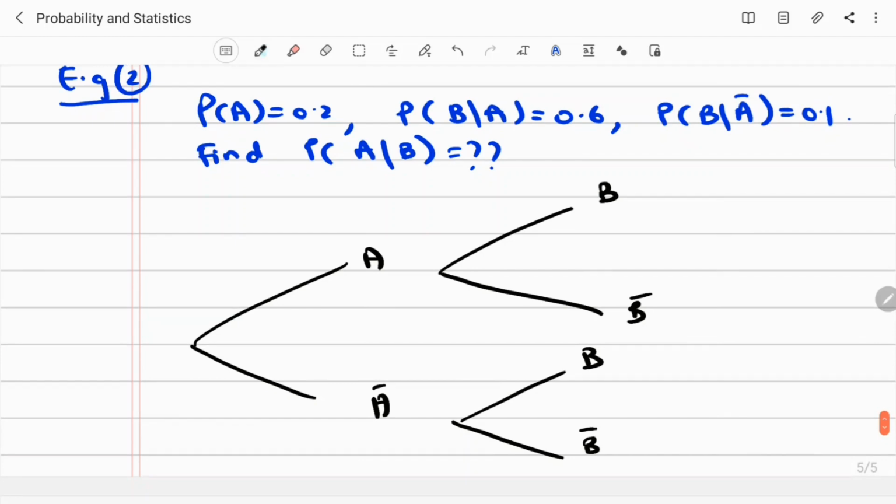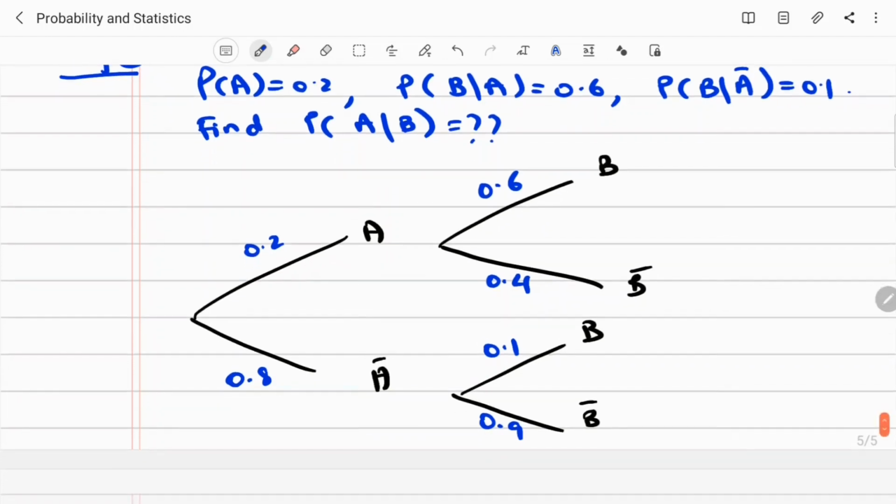The probability of A happening would be 0.2, and this would be 0.8 then. The probability of B occurring given A has happened, this branch here, will be 0.6. So this becomes 0.4, which is 1 minus 0.6. And the probability of B happening given A dash has happened, this branch would be 0.1, and obviously this would be 0.9.